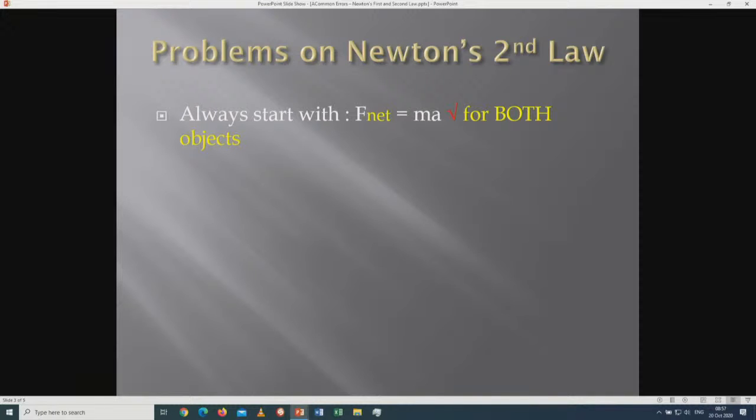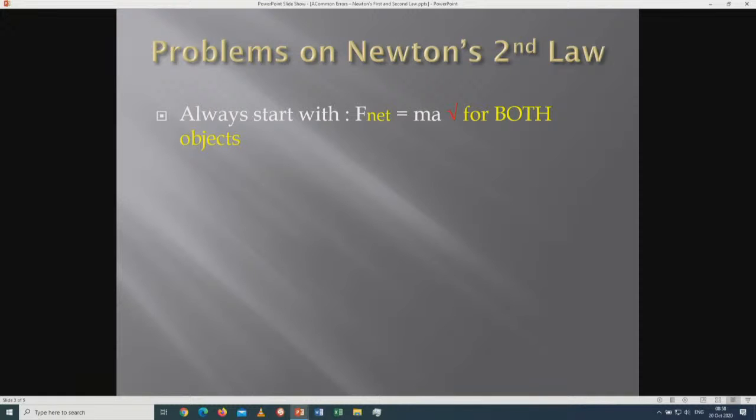The next question will be to calculate either a tension or acceleration or one of the forces. It's very important, and because it's a grade 11 topic, I think you have worked through enough examples by the time you arrive at the matric final exam. I think you have completed quite a few problems applying Newton's second law.